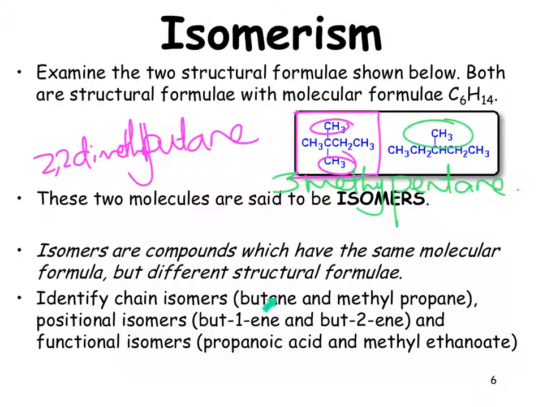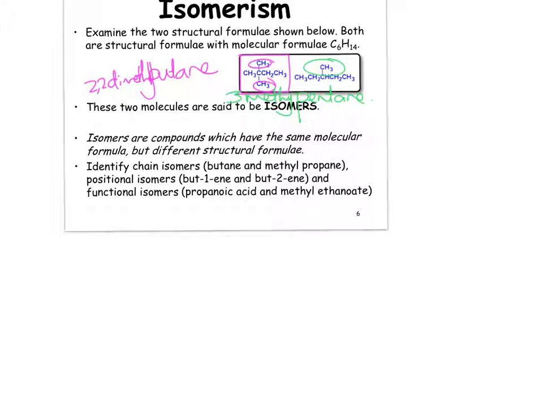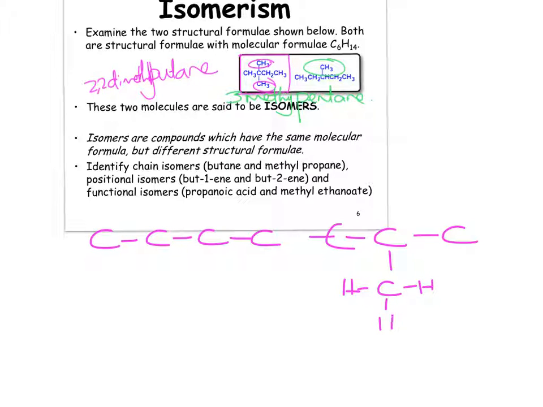That means that the chain is differently arranged. So let's go into that with a bit of detail. So it's going to be 1, 2, 3, 4, or 1, 2, 3 carbons and a methyl group hanging off over there. Both of them are 4 carbons, but it's a different arrangement. That's a chain isomer.